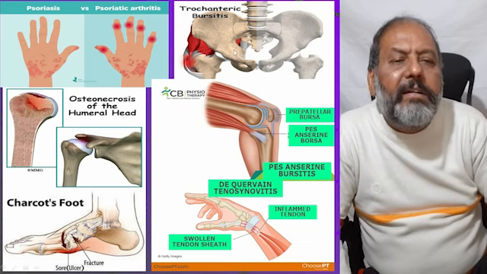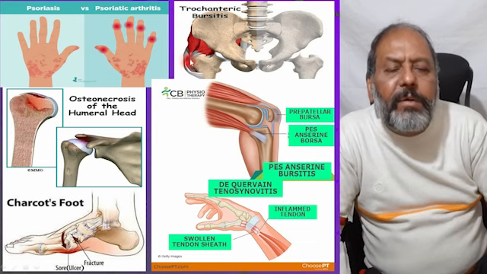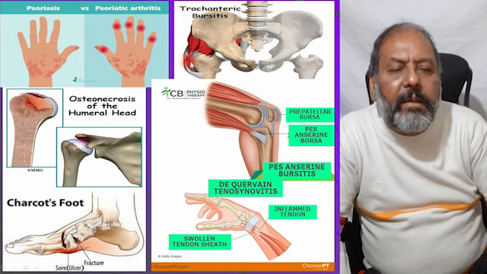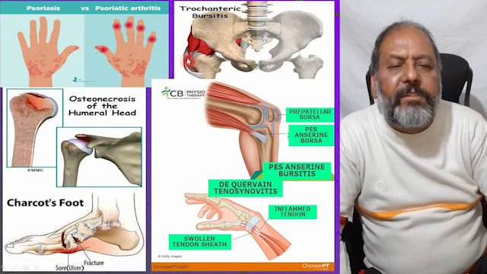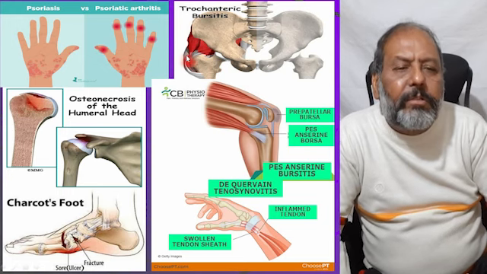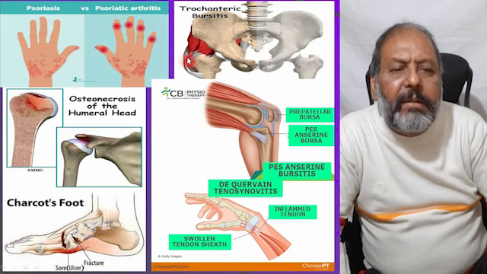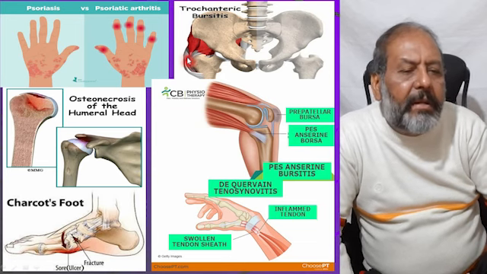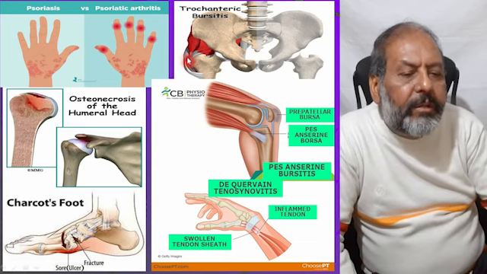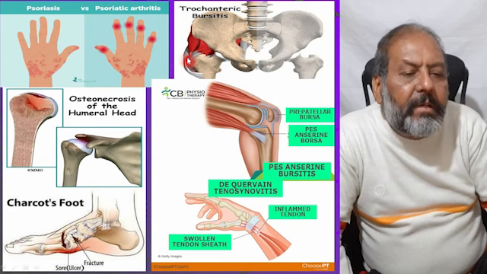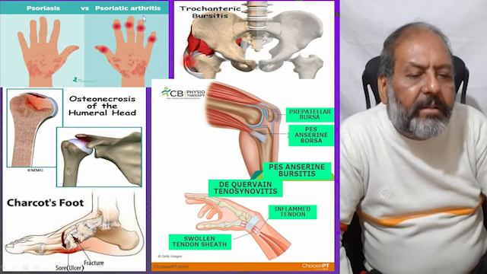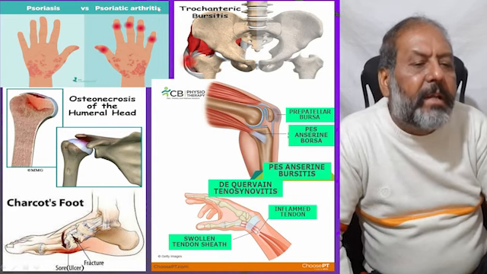Similarly, trochanteric bursitis. Here one can see the trochanteric bursa. If that is inflamed, it is also going to give you pain like osteoarthritis. And here one can see pes anserine bursitis.